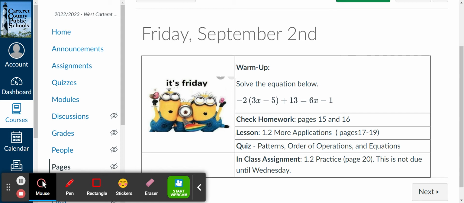So I'm going to say let M equal the number of minutes Michael ran. And I know that's super specific, but I'm a math teacher, so I need to be super specific.